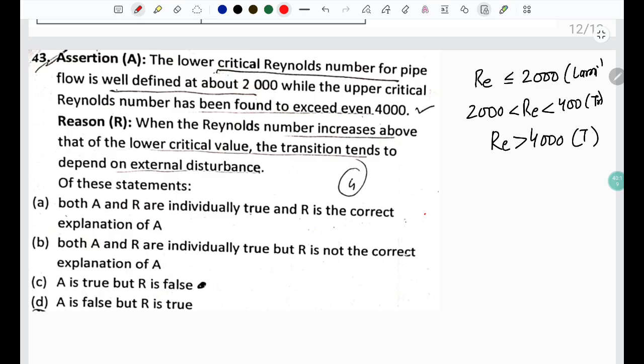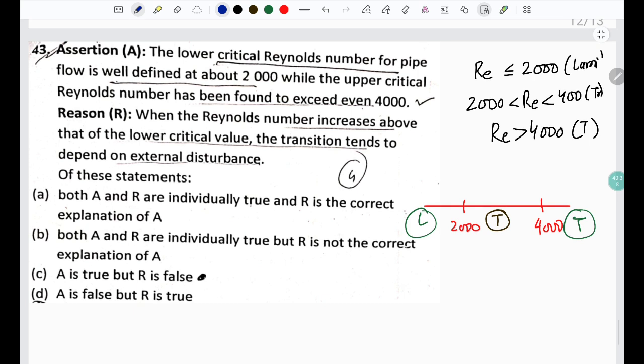Let us say this is our Reynolds number, this is 2000, this is 4000. Above this we have turbulent, below this we have laminar, and in between we have transition phase or transition flow.